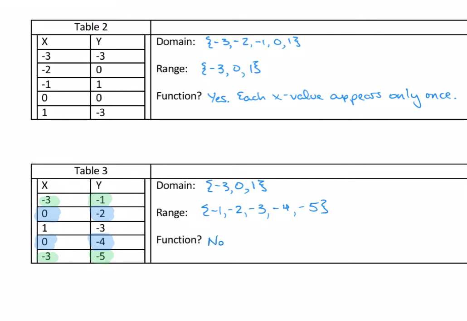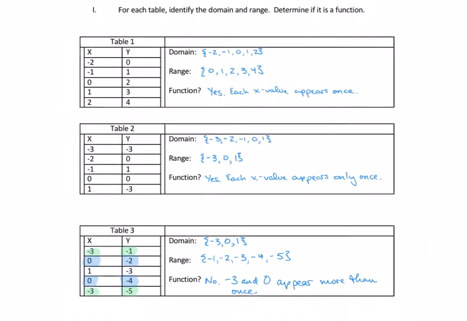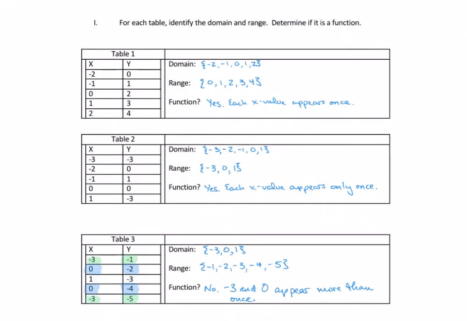And so, no, it is not a function. -3 and 0 appear more than once. Okay, so those are our tables to get us started with.